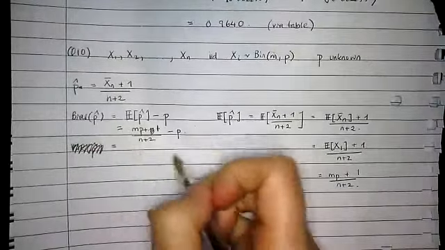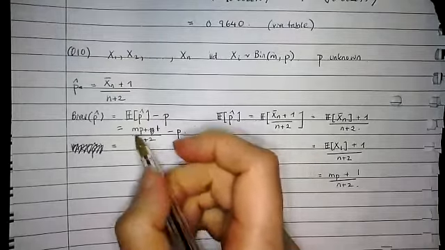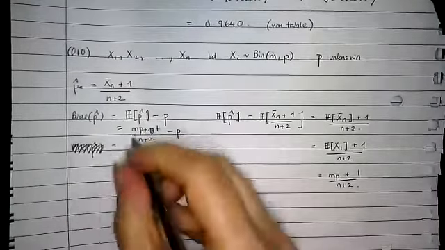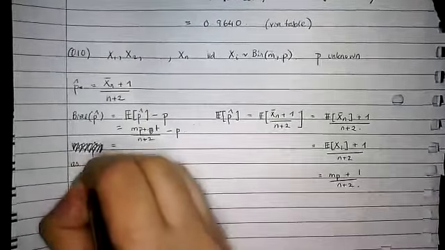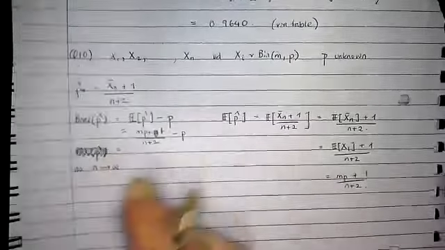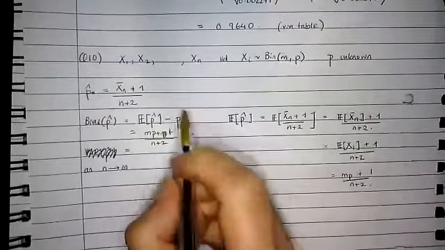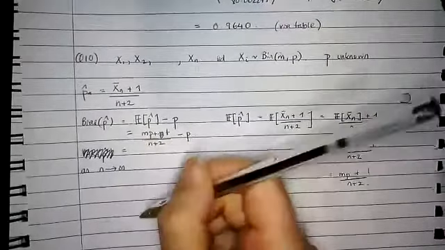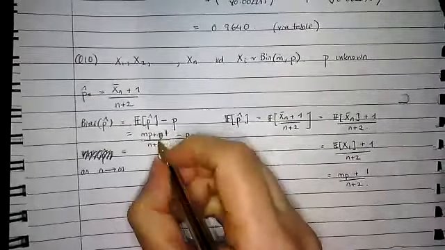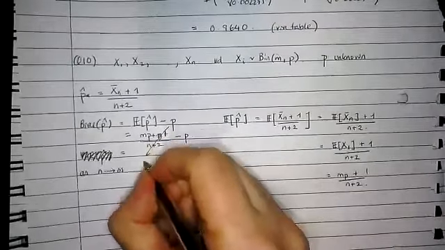So what's going to happen to this bias as n tends to infinity? As n gets really big, n plus 2 is also going to get really big, so this fraction gets very small and this term goes to 0.